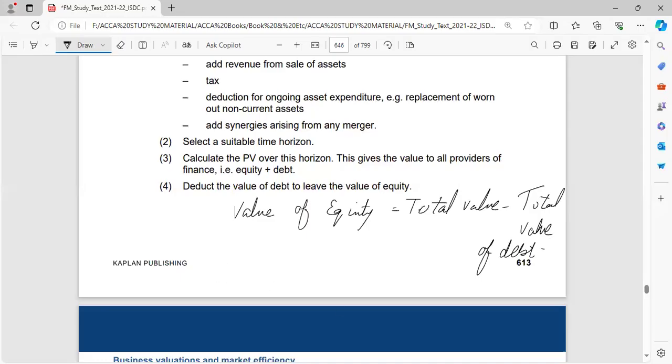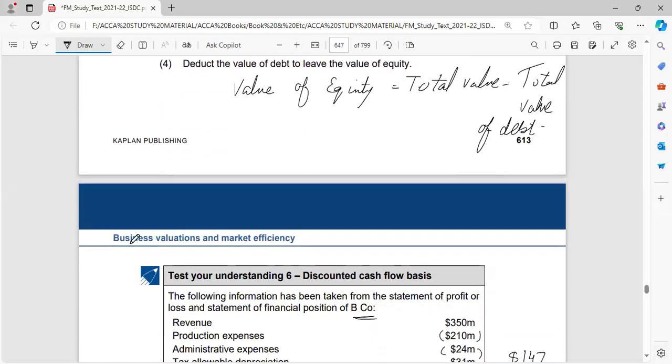If the question asks you to calculate the total value of company with this data, in this case, it is value of equity plus value of debt.